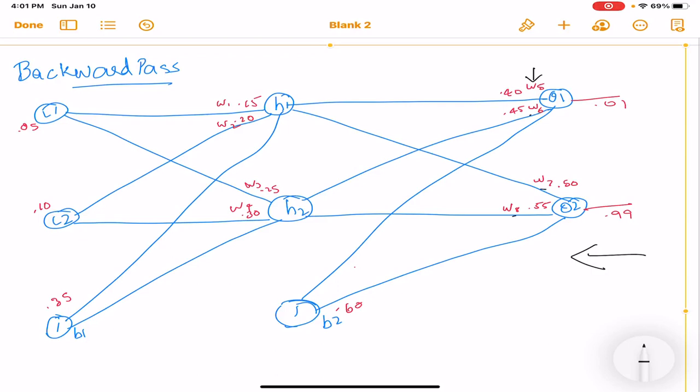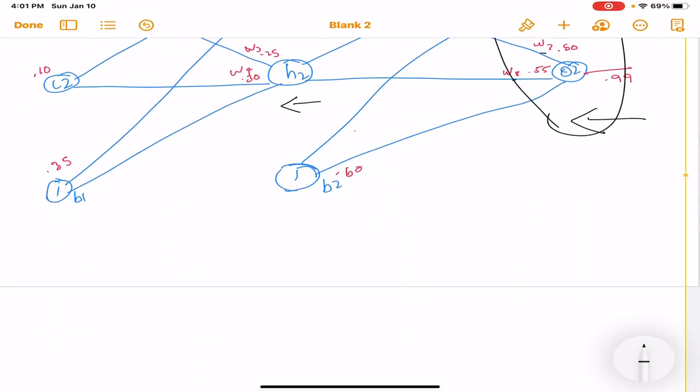Once we have done that, we will then update the weights in the hidden layers, that is W1, W2, W3 and W4. So we will first start with the output layer and the weights that affect it, W5, W6, W7 and W8. Of those, we will start with the first weight, which is W5.